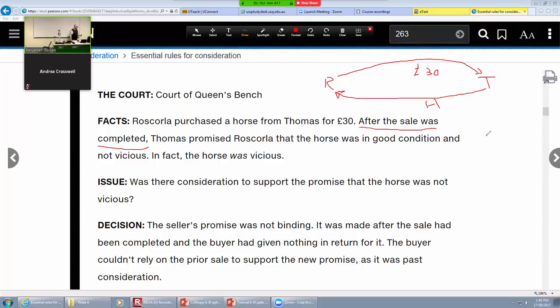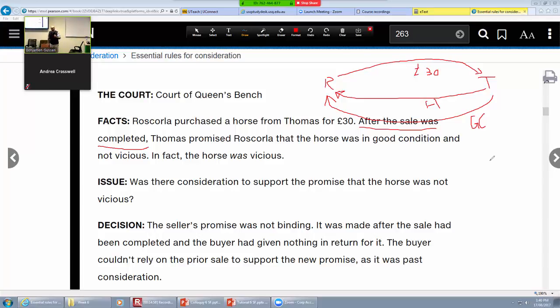All I want from you is just to see that there was another promise flowing again from T to R. This time, what is this promise? Good condition. That the horse is in a good condition. You see it? So this is the question here.